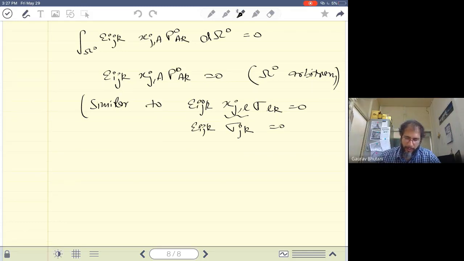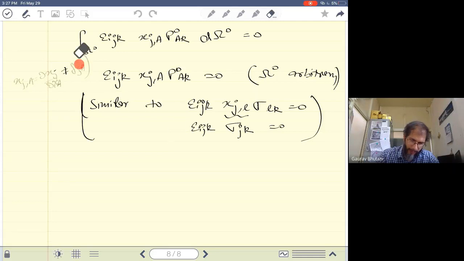But in the present case, our P naught is not symmetric because we don't have epsilon ijk P naught ak P naught jk equal to 0, because xj comma a is not delta. Right? We're dealing with Eulerian and Lagrangian coordinates mixed in this case. So xj comma a actually is del xj by del capital X a, which is not delta ja.